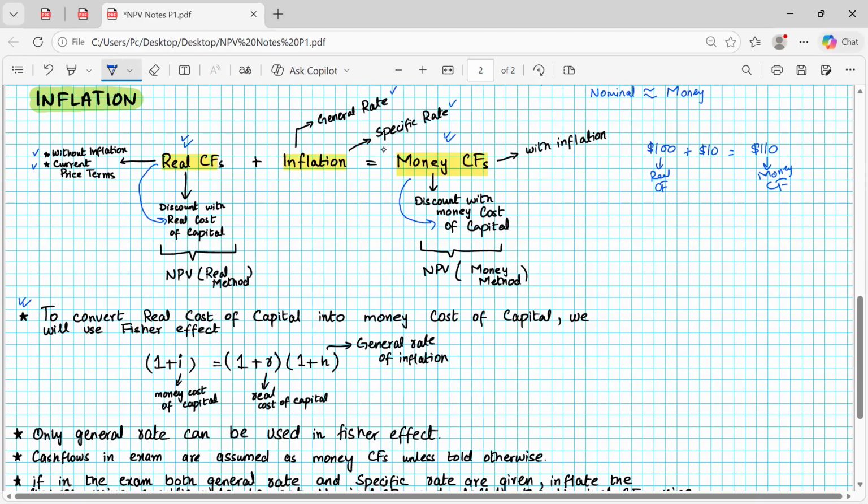Specific rate means, for example, that in the question it is mentioned that your material cost will increase by 12% and your labor cost will increase by 8%, whatever that is. These are known as specific rates. Here in this Fisher effect, you use the general rate of inflation to calculate the money cost of capital.